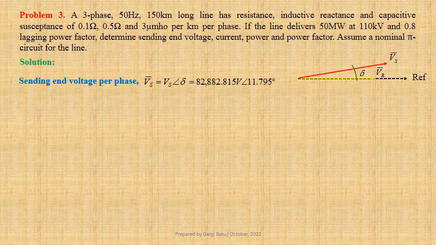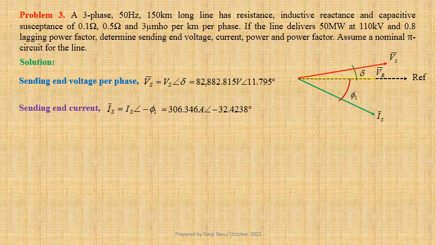We have obtained sending end voltage per phase Vs equals Vs at an angle delta equals 82,882.815 volt at an angle 11.795 degree, and sending end current Is equals Is at an angle minus phi 1 equals 306.346 ampere at an angle minus 32.4238 degree.